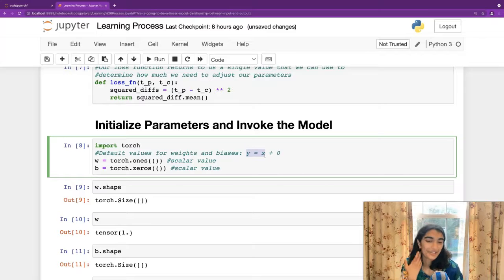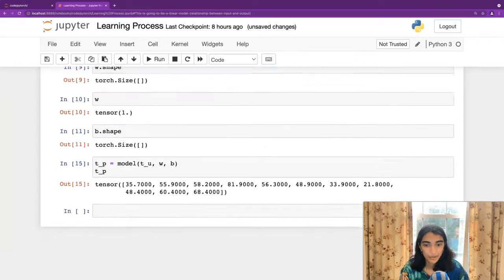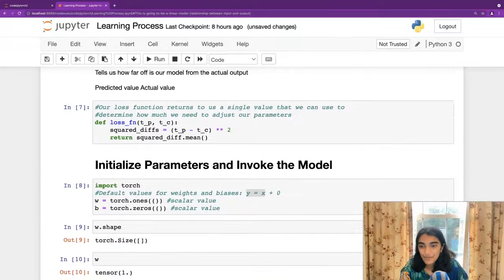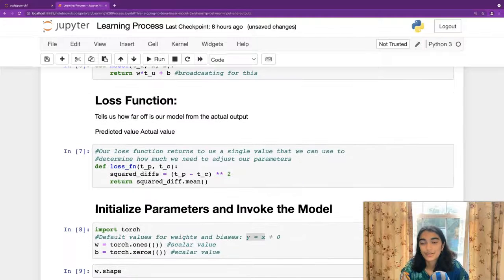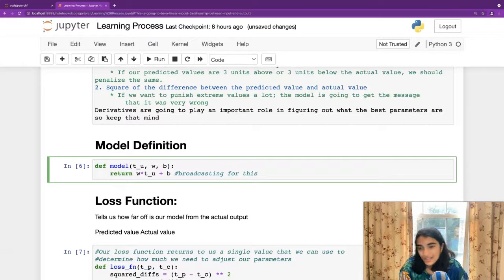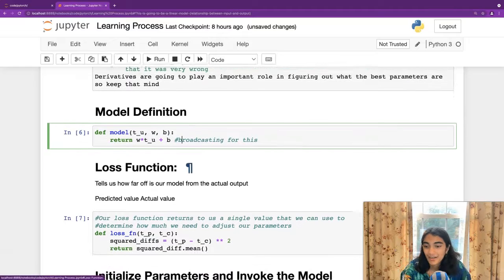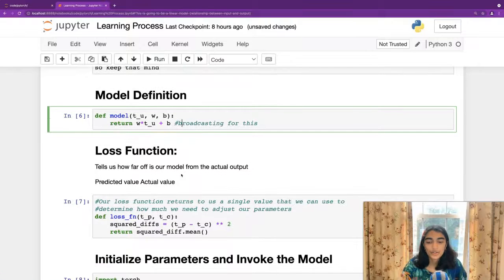So it's not going to be the same as the output. Now you have a feel for how we define a model. It's not that much code, but it's worth it to sit down and go through what's going on.